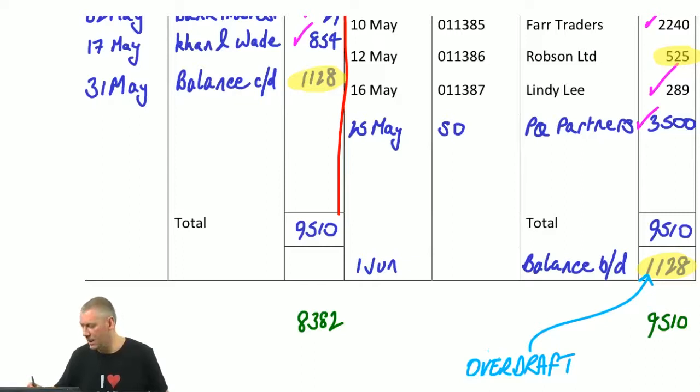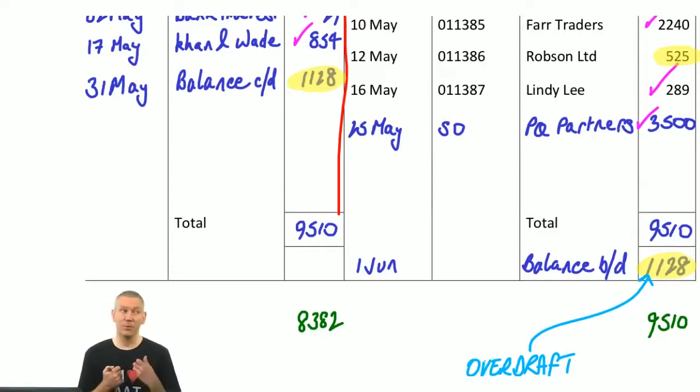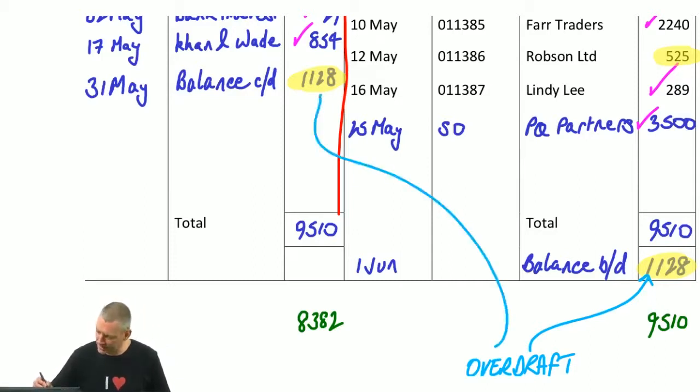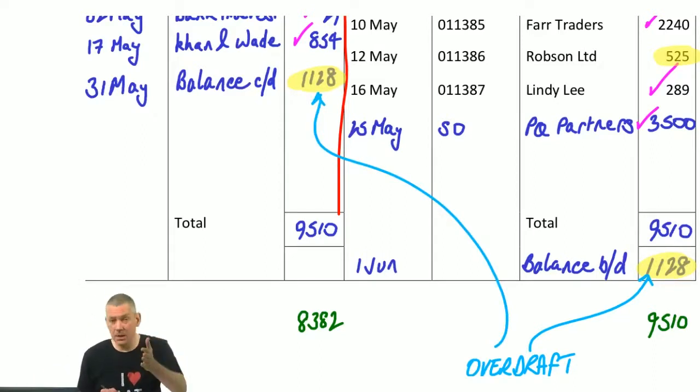If you've got a brought down balance, you focus on the brought down balance to interpret what it means. But even if you don't, you would still be expected to interpret the carry down balance. The carry down balance is always on the opposite side to the brought down balance. So if the carry down balance is a debit balance, there's a corresponding credit balance, therefore we have a creditor, therefore it's an overdraft. So that would be required.